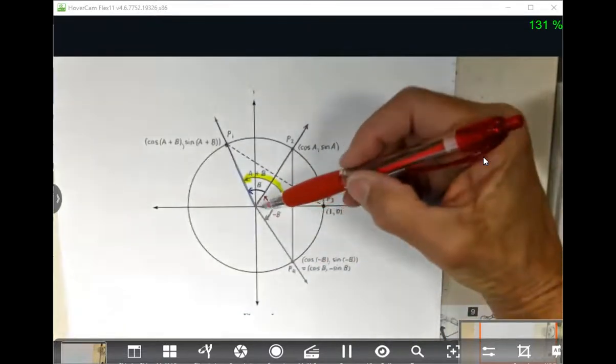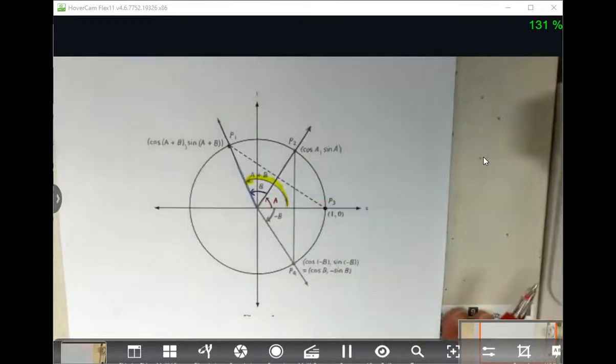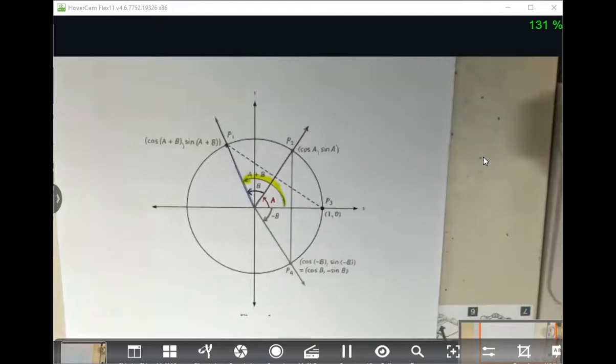That's going to intersect the unit circle at point number 4, which has as its ordered pair the cosine of minus B and the sine of minus B. But the cosine is an even function, which says the cosine of minus B is the same as the cosine of B. Sine is an odd function, so the sine of minus B is minus the sine of B.